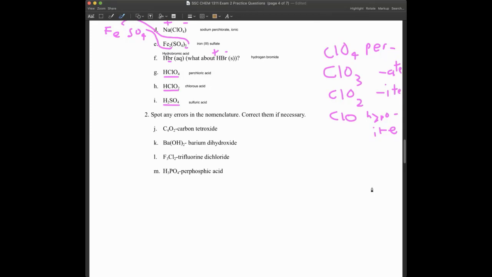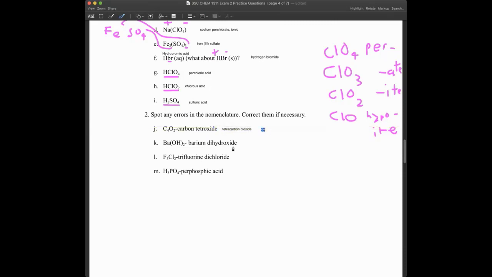What do we have to add or remove in this case? Tetracarbon dioxide. Perfect. So this is going to be tetracarbon dioxide. Perfect. How about the second one?